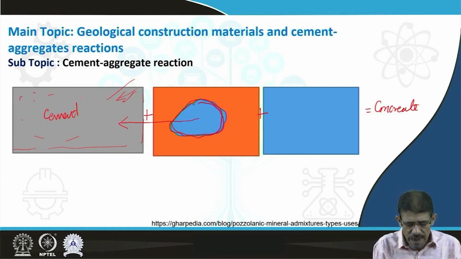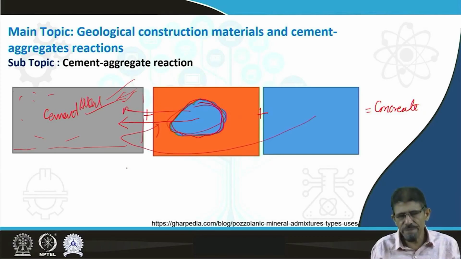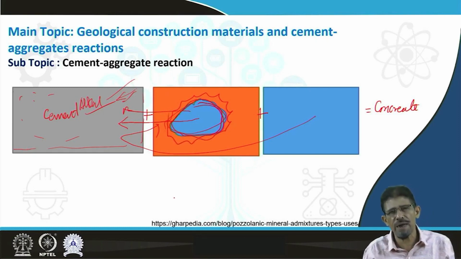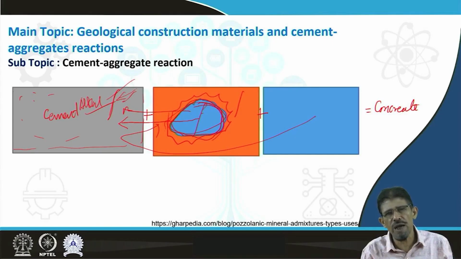When this alkali present in cement interacts with this aggregate in the presence of water, it forms some hazardous, peculiar type of material at the peripheral area of grains, or fractures present either in concrete or in aggregate, and the concrete is going to lose its binding capacity or strength.